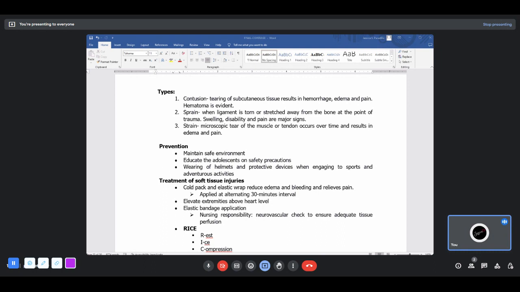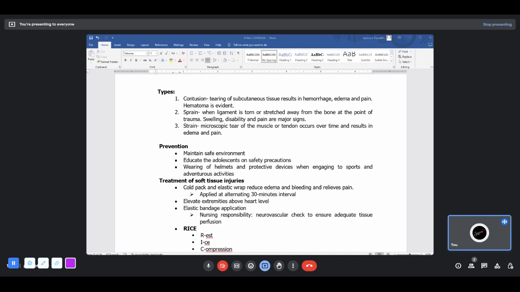For the treatment of soft tissue injuries, cold packs and elastic wrap reduce the edema and bleeding and relieve pain. So, nakakatulong yan. Cold compress, and then yung paggamit ng elastic wrap. Elevate also extremities above the heart level. And then elastic bandage application.